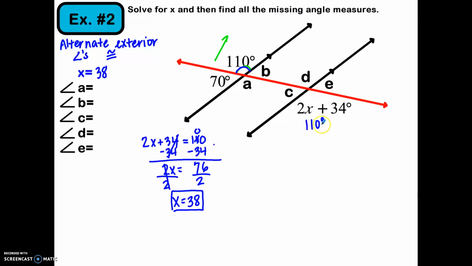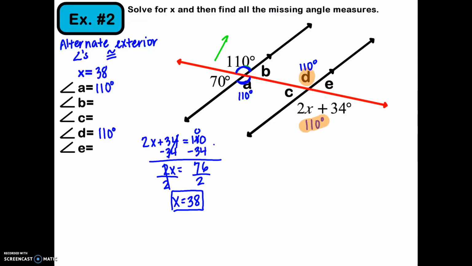The vertical angle of 110 degrees is the opposite angle, which is D. So angle D must be equal to 110 degrees. If this angle that was given was 110 degrees, its opposite angle is angle A. So A also has to be 110 degrees.